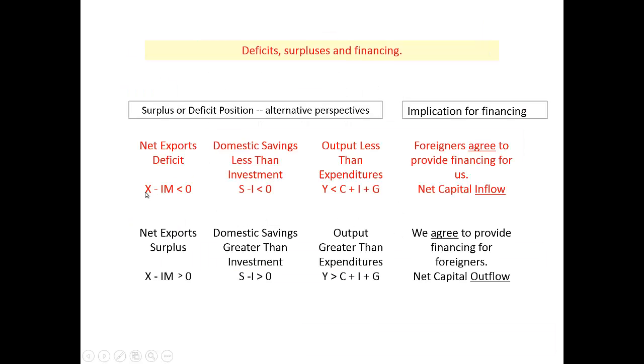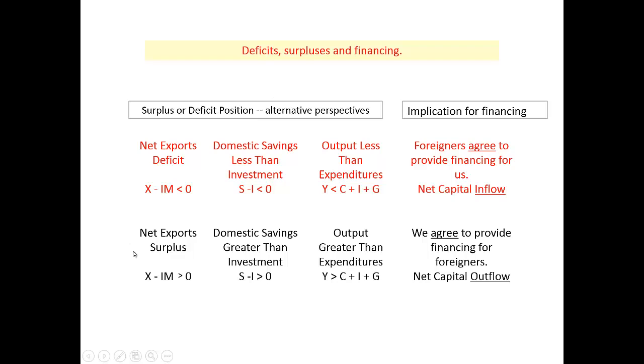If we have exports minus imports less than zero, a deficit on net exports, that's equivalent to saying that our savings is less than our investment, or alternatively, that our income is less than our expenditures. If we have a surplus on net exports, that's equivalent to saying that our domestic savings is greater than our investment, or that our output is greater than our expenditures.